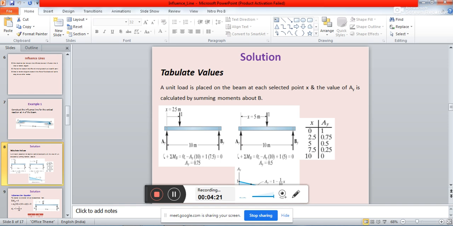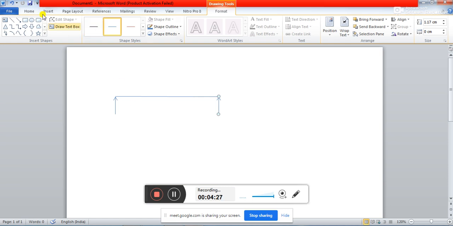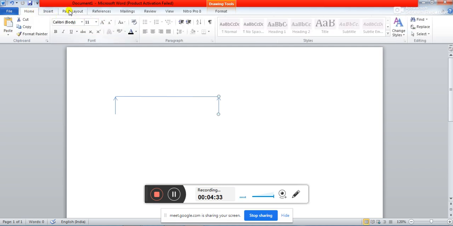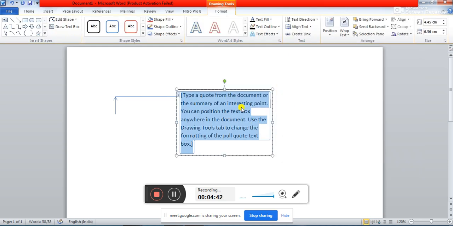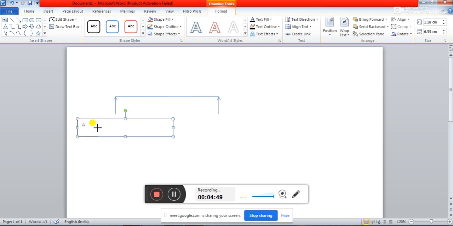Whatever structure you are taking, if you idealize it, you get a structure something like this, where this is your point A, and the other point is B, right?